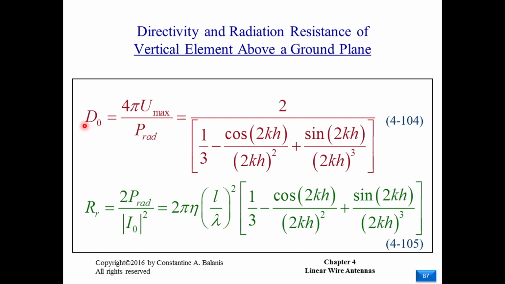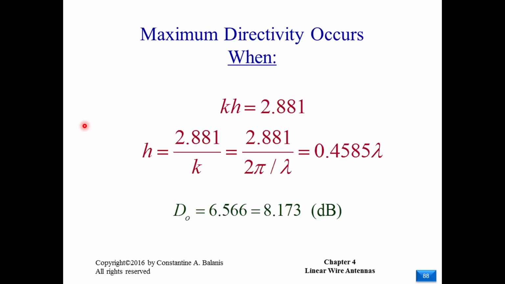So the maximum directivity is achieved when we are about 0.46 lambda above the ground plane, and the directivity is 8.1 dB.